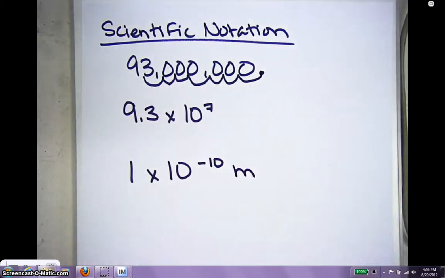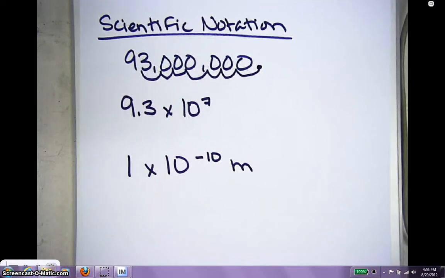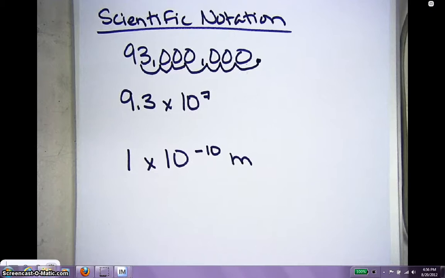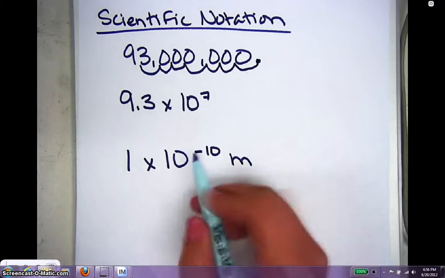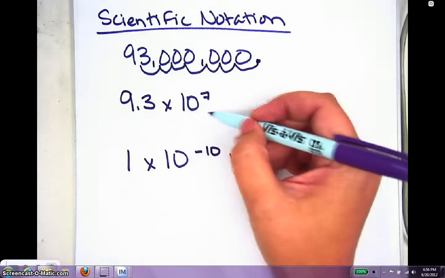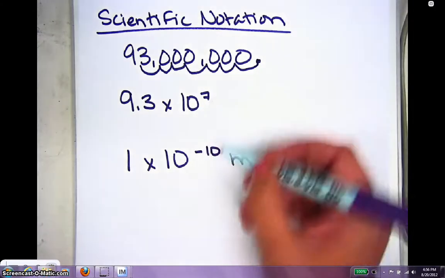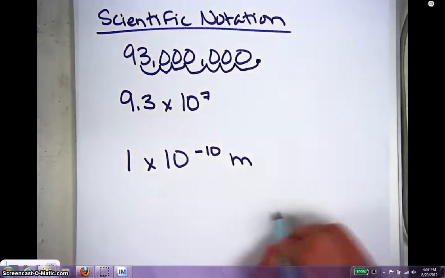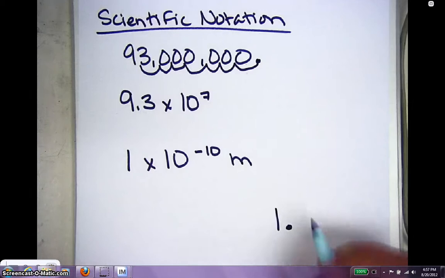Okay. So if I wanted to look at this number in its decimal form instead of in its scientific notation form, I would do the opposite as I did up here. I move my decimal, and then I multiply it times 10 to the power. Here, I have a 1. I'm going to put it over here. And I'm going to move my decimal 10 places to the left.